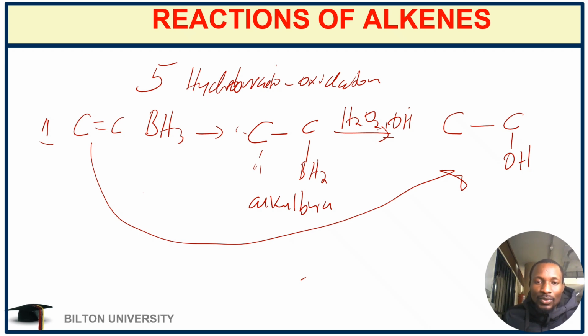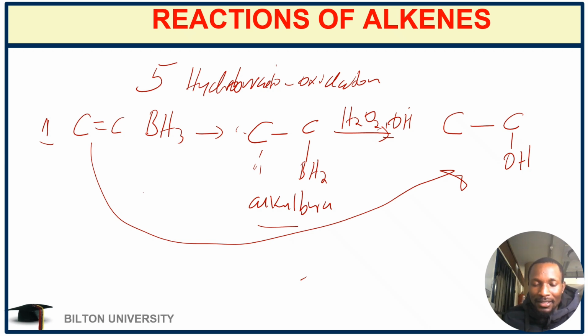So the first thing that we need to do is to perform hydroboration, which is the addition of borane to a carbon-carbon double bond to form alkyl borane. Once we have formed alkyl borane, then we can perform oxidation in which the OH is going to replace the B bond, so that we can form a new C-O bond to form an alcohol.